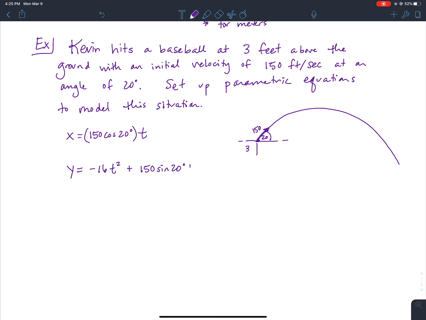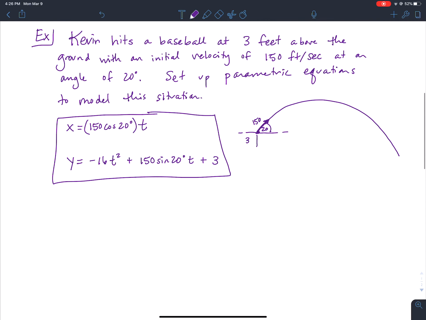So that's the rate times time, plus how high this ball was off the ground to begin with, which is 3. So those are your equations to model this situation. If you feel comfortable graphing that in the calculator and want to check it out, you can do that, but we will talk more about how to do that in class.